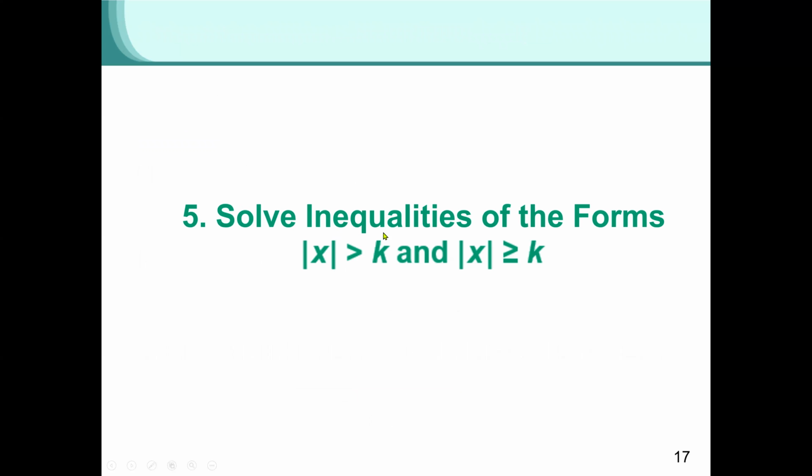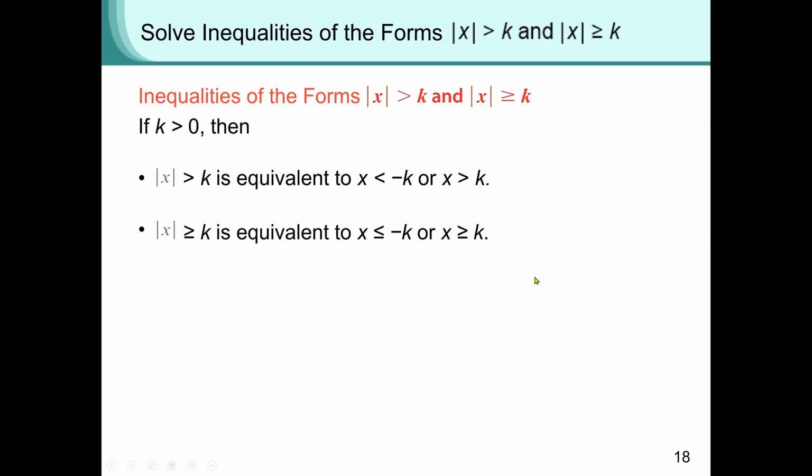Now let's solve inequalities of the other form. Previously we used less than or equal, this time greater than k and greater than or equal to k. And the rule is of the same concept. The only thing we should pay attention to is the sign. So here we say that if absolute value x is greater than k, and also greater than or equal to k, and k is a positive value, then absolute value x greater than k is the same as saying that x is less than negative k, or x is greater than k.